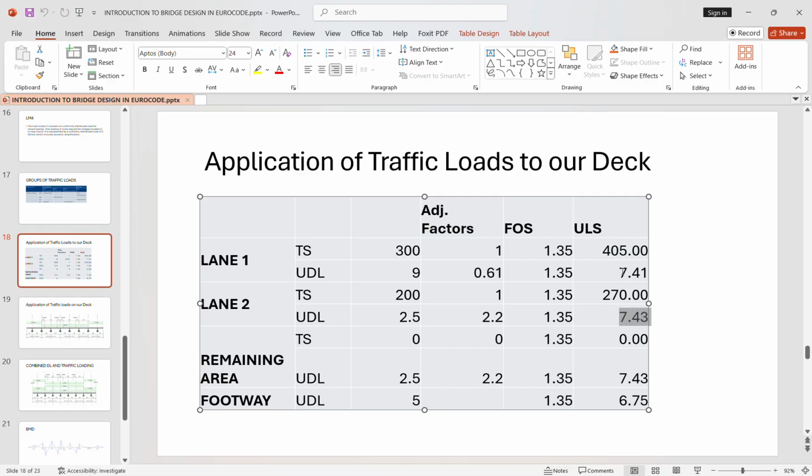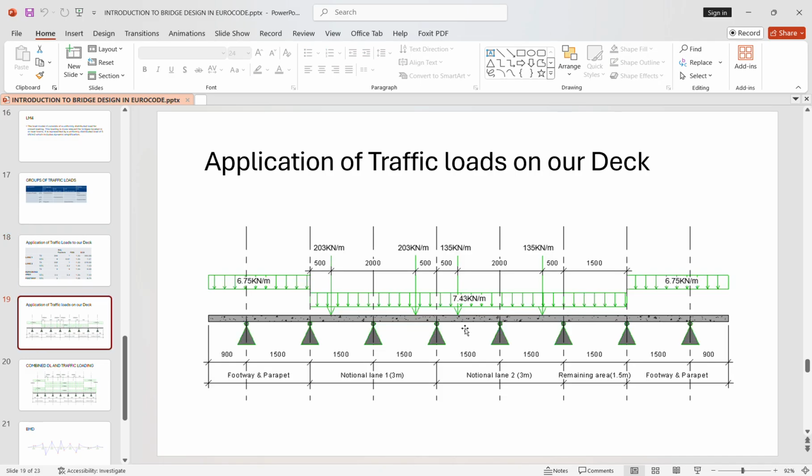Since it is slightly greater than the others, applying 7.43 uniformly will work, instead of applying 7.41 for lane 1. It is also more than 7.41, so it is safe to just apply it throughout.